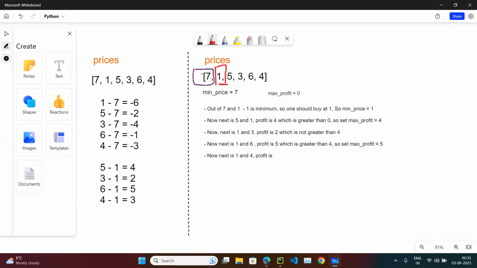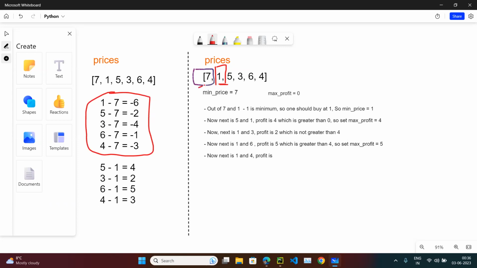By this approach, I am skipping this whole loop, because unnecessarily earlier we were subtracting 1 minus 7, then 5 minus 7, then 3 minus 7. But why do I need to subtract? Because I need to find the maximum profit. You can achieve the maximum profit when you purchase the stock at the minimum price.